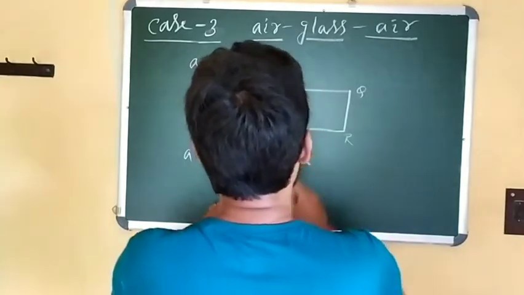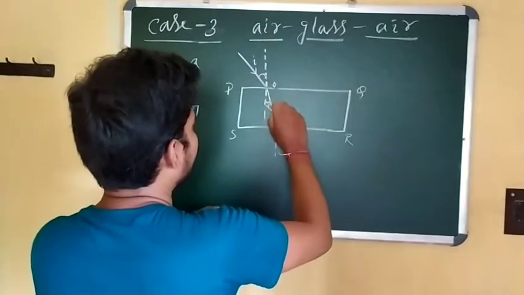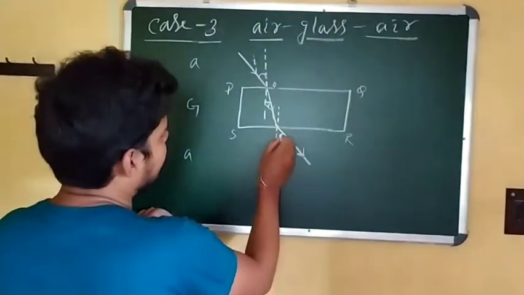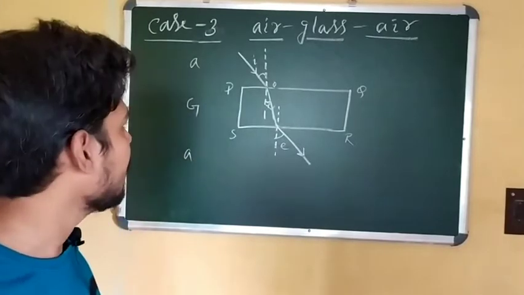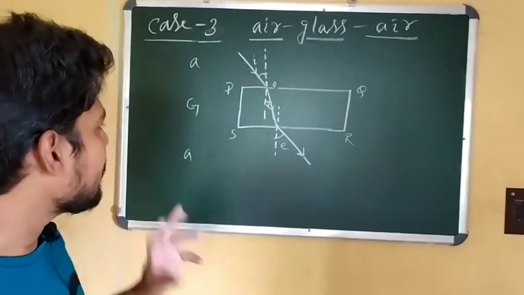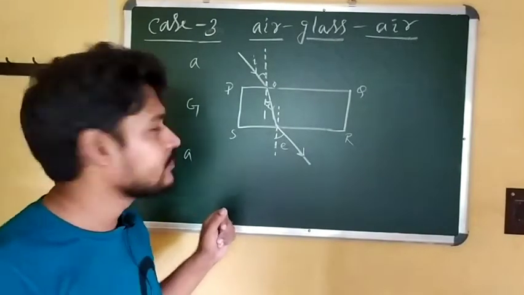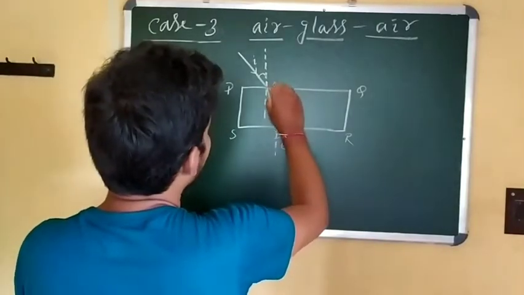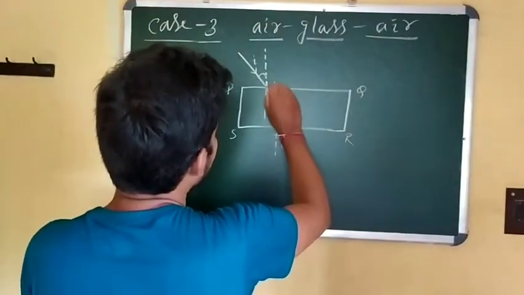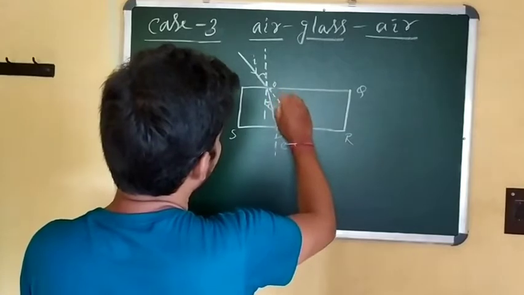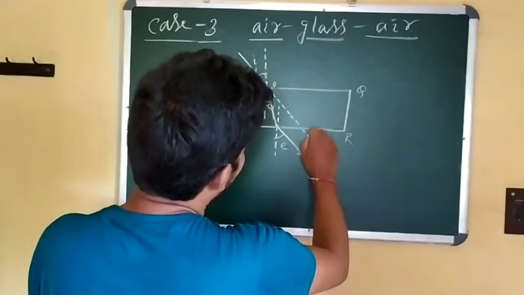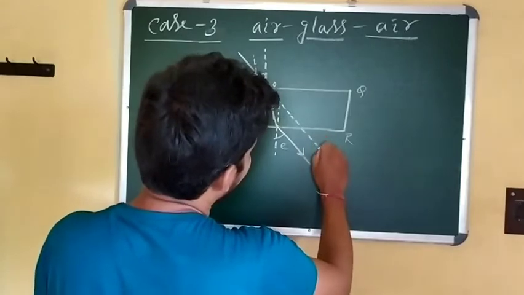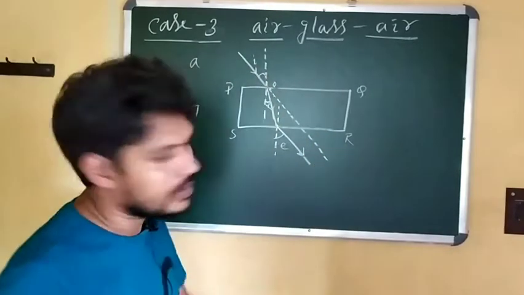and that is called the emergent ray. That is the angle E. We represent this angle E. Now one important point is there. If we extend the incident ray by this dotted line, if there were no glass slab, then light would travel through this dotted line.